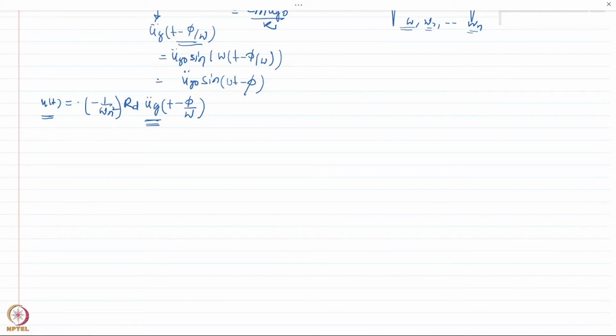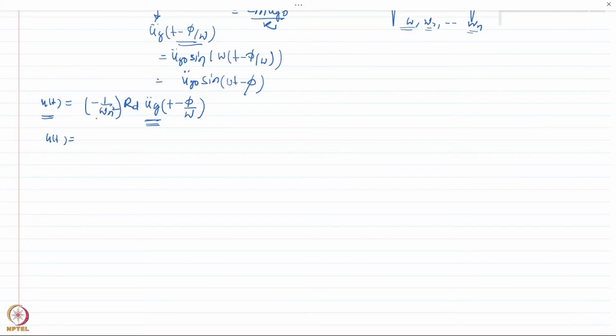Now we can say that in this case my u(t) right now depends on the frequency. So the displacement actually is depending upon the frequency, because R_d also depends on the frequency, and phi by omega also depends on the excitation frequency. So if I design this instrument, it would give me different values of phi by omega and the value of R_d, but I won't be able to sum those up.